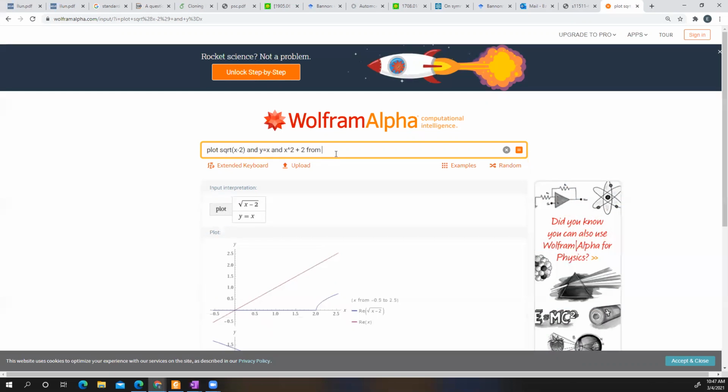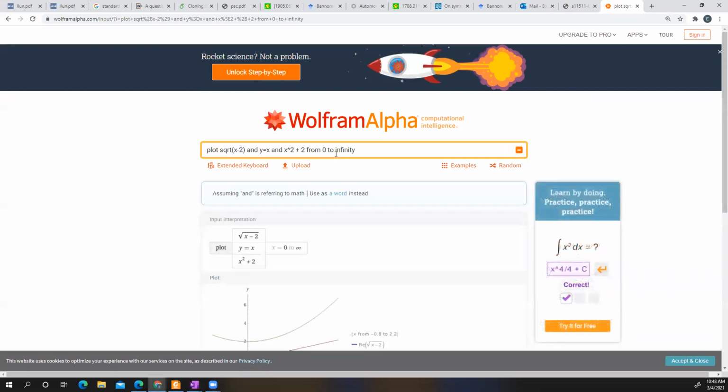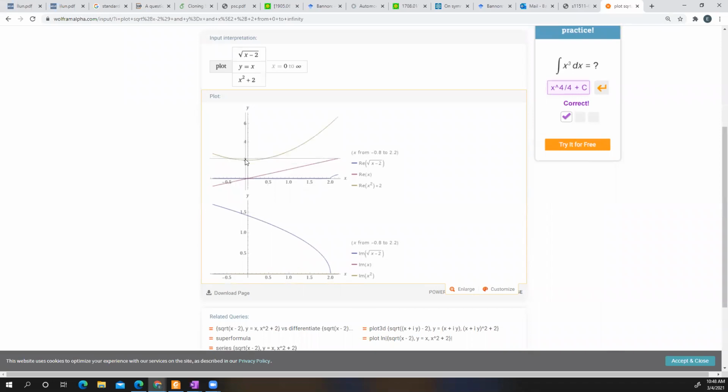But you got to be careful about the domain, so we'll say from 0 to infinity, because anything squared is like a parabola, so you have this parabola shape right here.